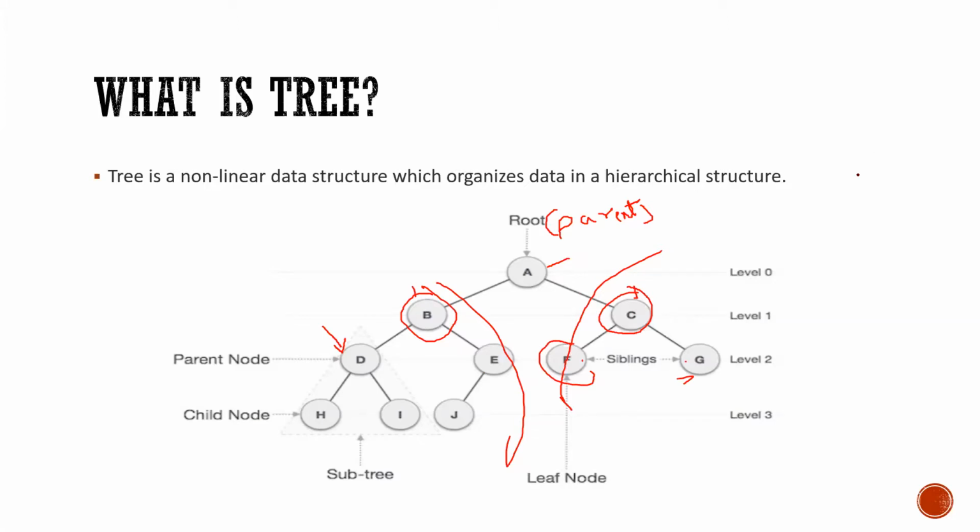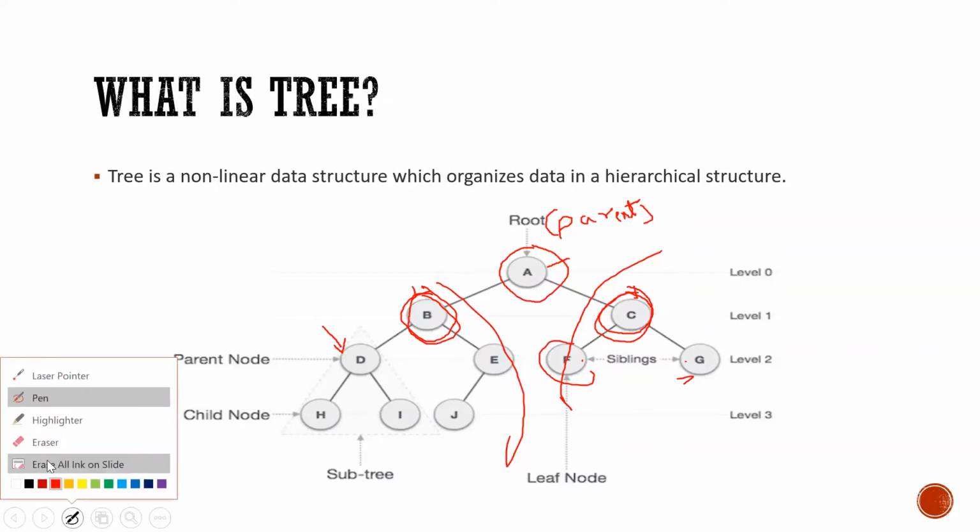Are you getting my point? Shall I move forward or shall I explain again? Okay, left node. See, this is the parent node A. Its left node will be B and right node will be C, right?